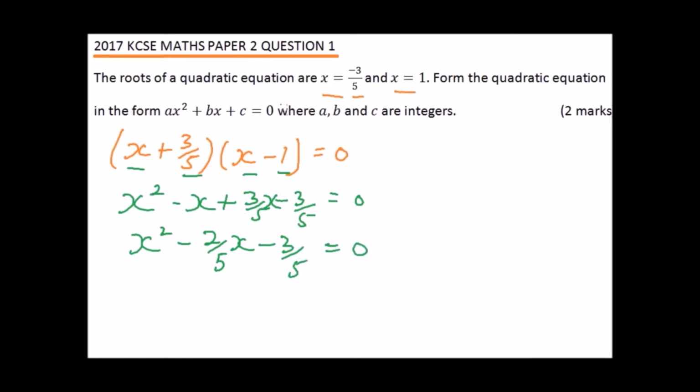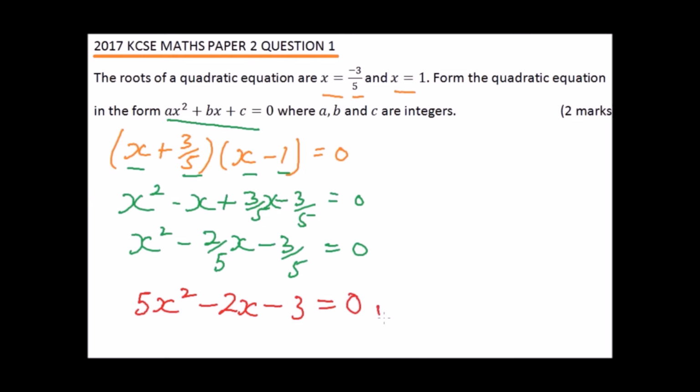Because we have been told to write our equation in this format, we multiply throughout by 5. So 5 times x squared is 5x squared, then minus 2 over 5 x times 5 is minus 2x, and then minus 3 over 5 times 5 is minus 3, equals 0.